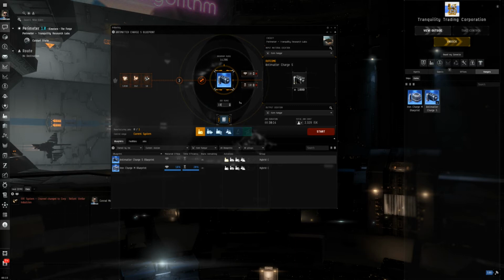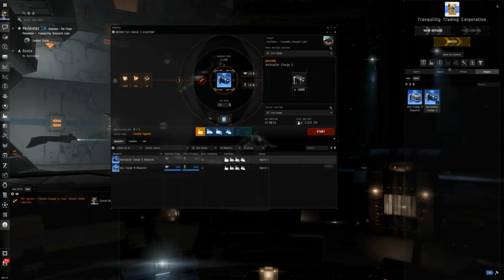For others it's not so important whether they wait for another hour or another day before their manufactured goods are ready for sale or for use. But this is about the principle. So increasing your material efficiency reduces your input costs, improving your time efficiency reduces job duration.